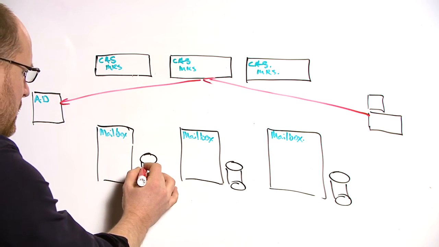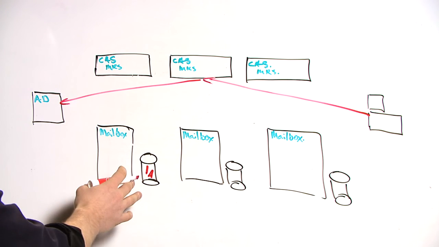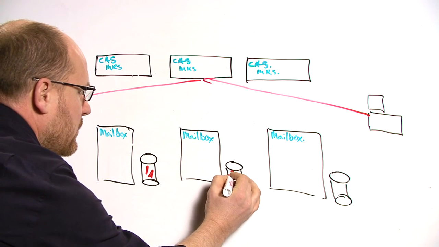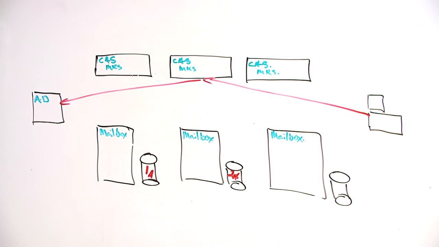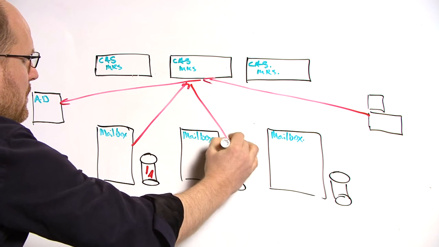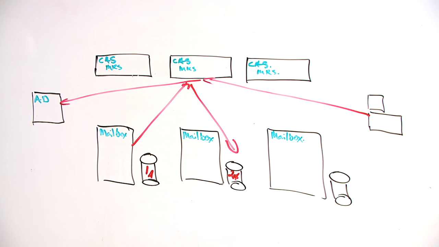So database 1 that's active is found on this mailbox server, and its target is database 2, which is also active here. And we start basically moving data and replicating data between those two servers.